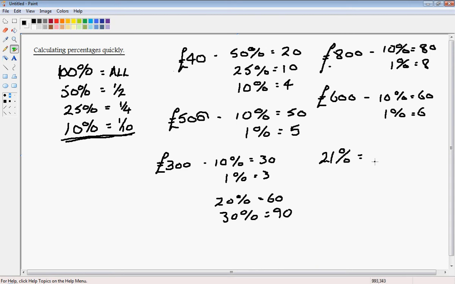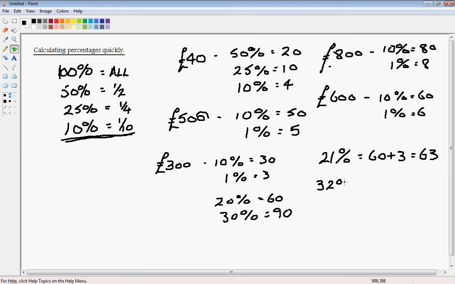I know 20% is 2 lots of that, so that would be 60. But I've got this 1%, and we've already worked out 1% is 3. So I just add the 3. So I get 63. See, I was right, you were wrong.